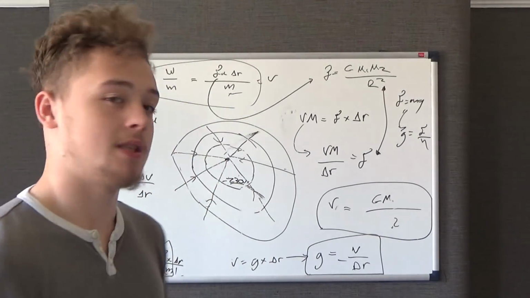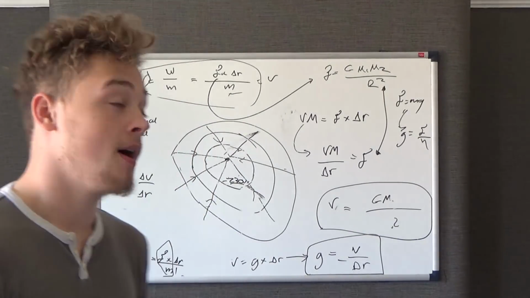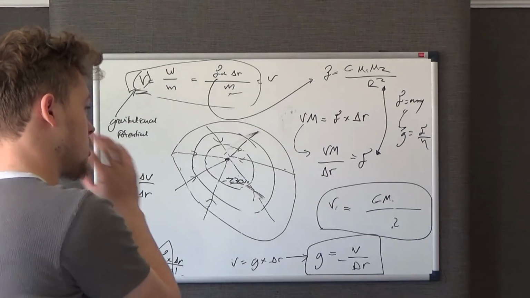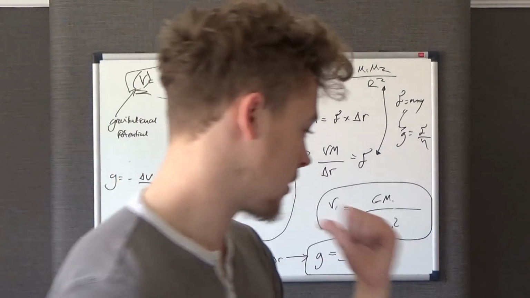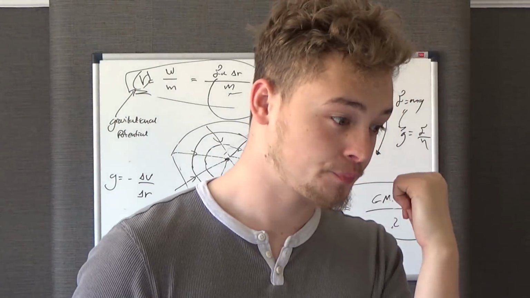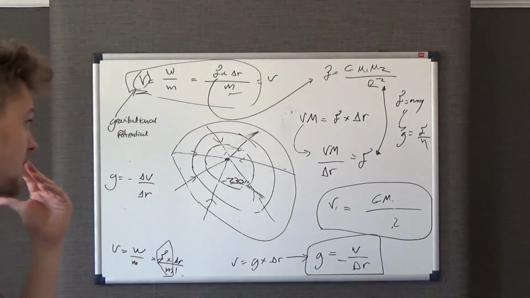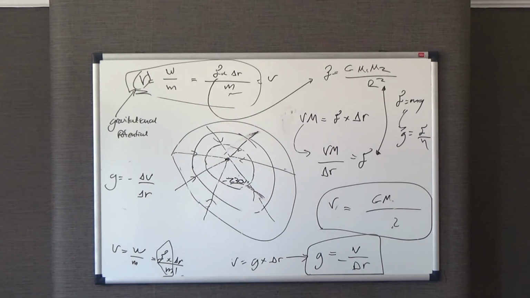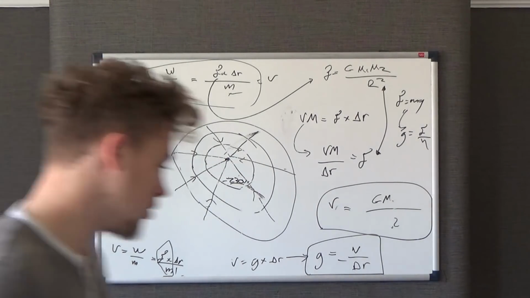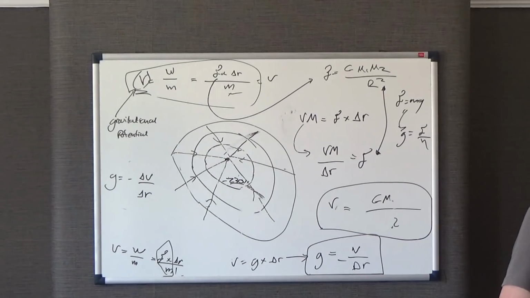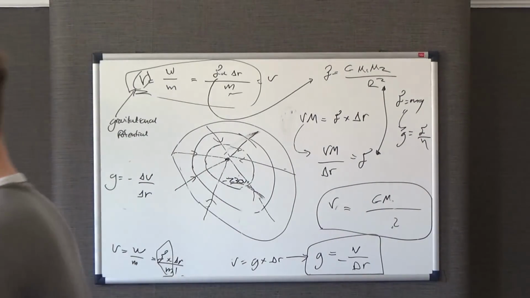I'm just saying you need to be aware that they might combine the circular motion equations with the gravitational equations, but as I say, that's very self-explanatory. Alright, so that's really all there is for gravitational fields.